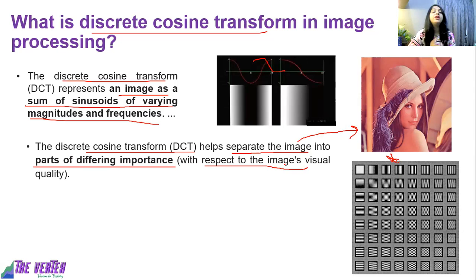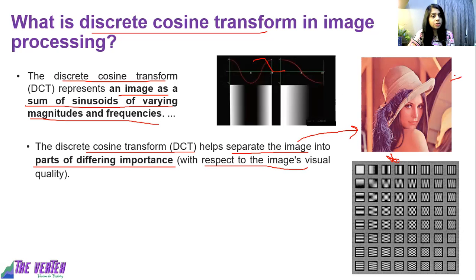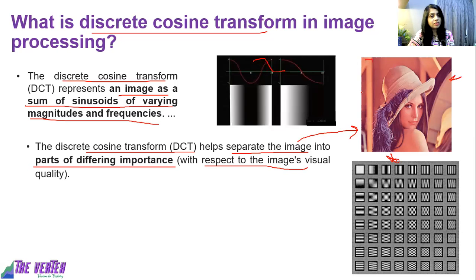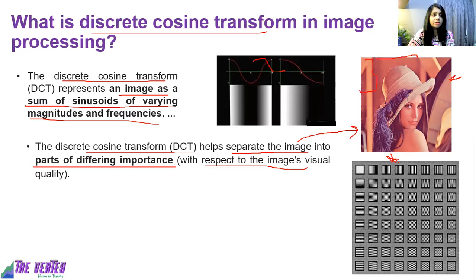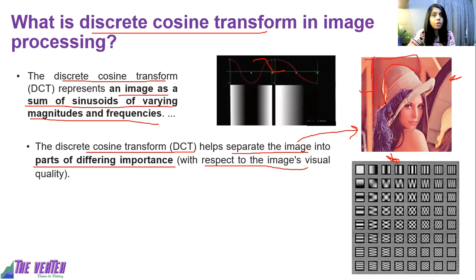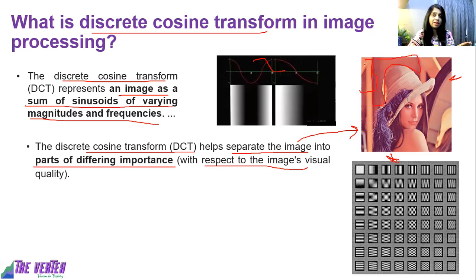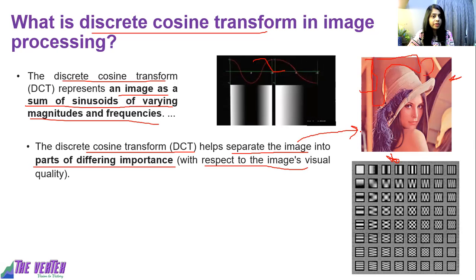What is the meaning of differing importance? If you have a look at this image, don't you think this particular part of the image is not important? There is nothing. Only a wall is there. This part of the image is of no importance. There are no variations, only one pixel intensity level is available. If you see this part, this is also not very important.